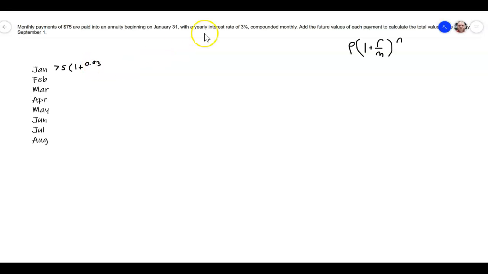That's my interest rate, over 12. This is monthly, so that's 12 times per year. And it's going to be counted 7 times, so raised to the 7th power. And then let's just do all the rest of these.